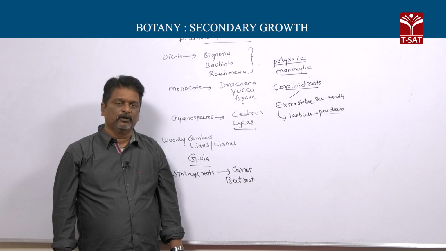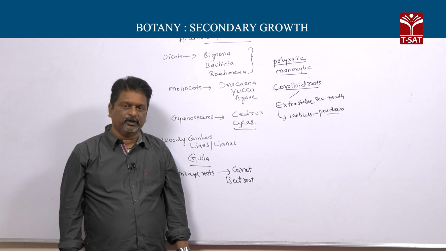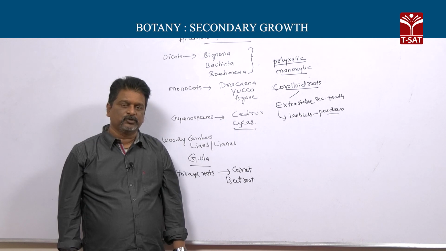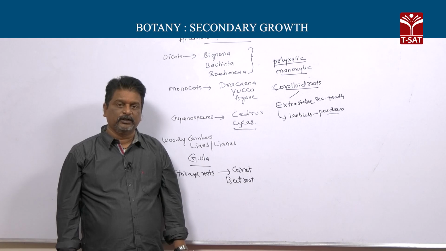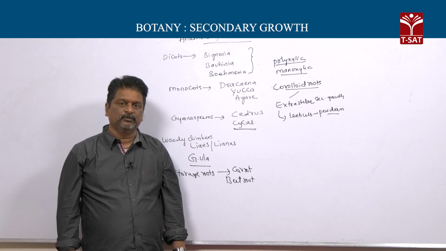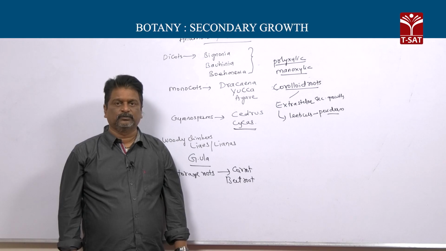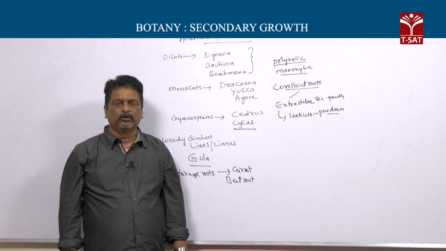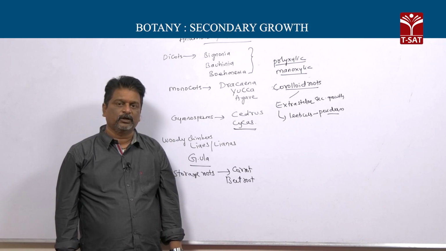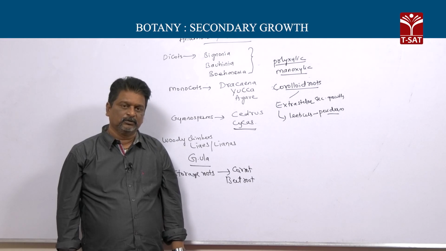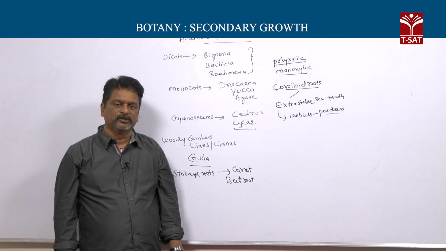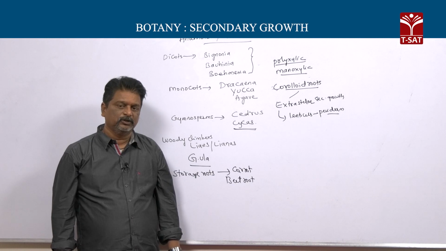Both are joined to form the vascular cambium. And in a dicot stem, cork cambium is totally secondary, and generally develops from the primary cortex. Then dicot root: both vascular and cork cambium are totally secondary. Both are developed from the pericycle and conjunctive tissue.